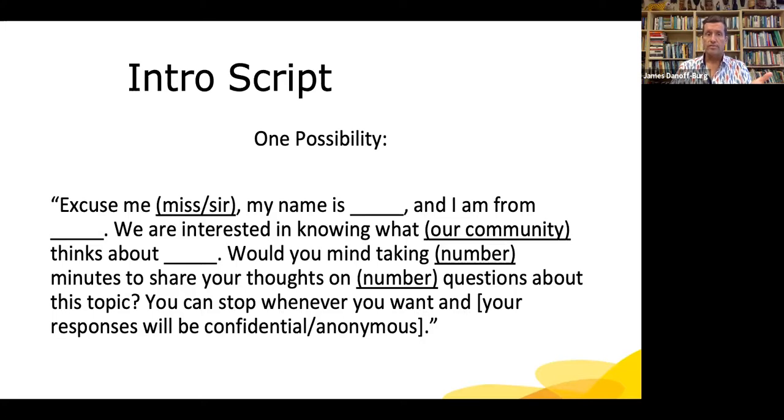That last point, confidentiality and anonymity, are very important because sometimes people will be more open and more direct and more forthcoming with what they really feel about something if they know and can trust you, if they know that you are not going to possibly get them in trouble for their answers.